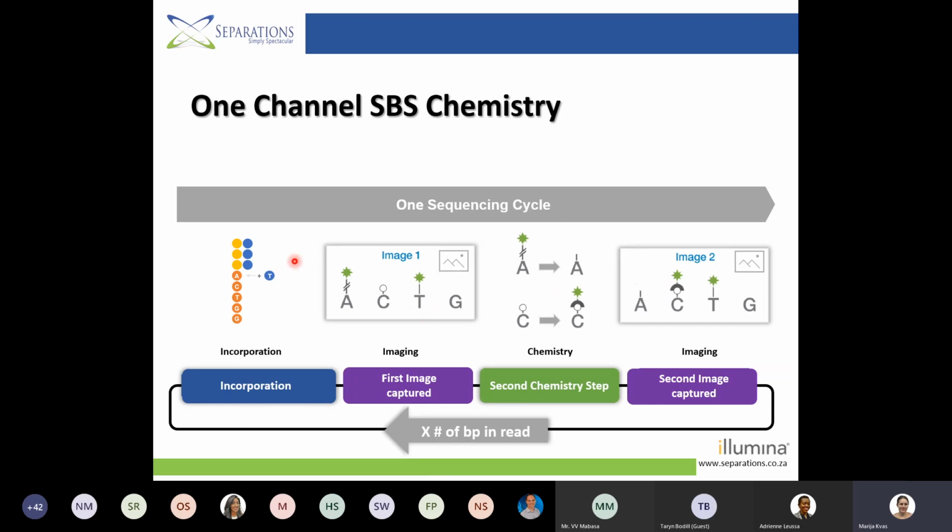So what that means is that, once we have our bridge amplification and we are ready to start sequencing, you will remember that SBS sequencing happens one nucleotide at a time. So as we are incorporating a nucleotide, the dye on the nucleotide will get excited, and it will give off the signal to the CMOS chip that will then detect the signal.